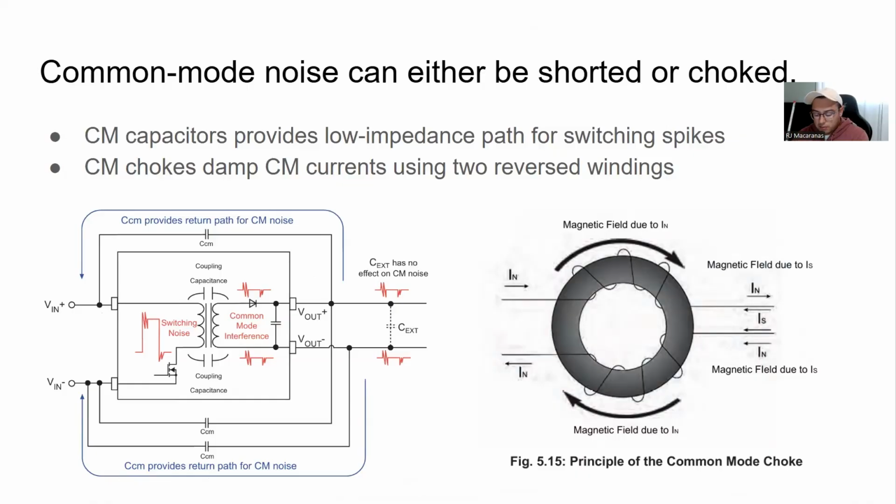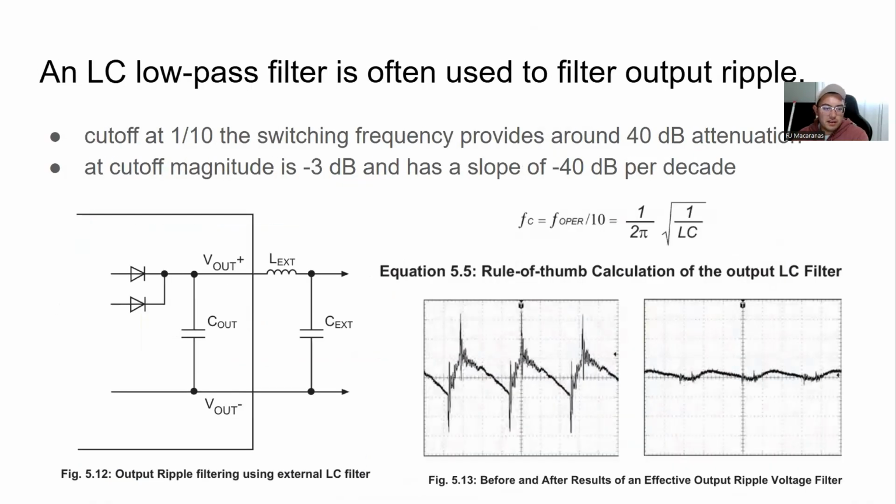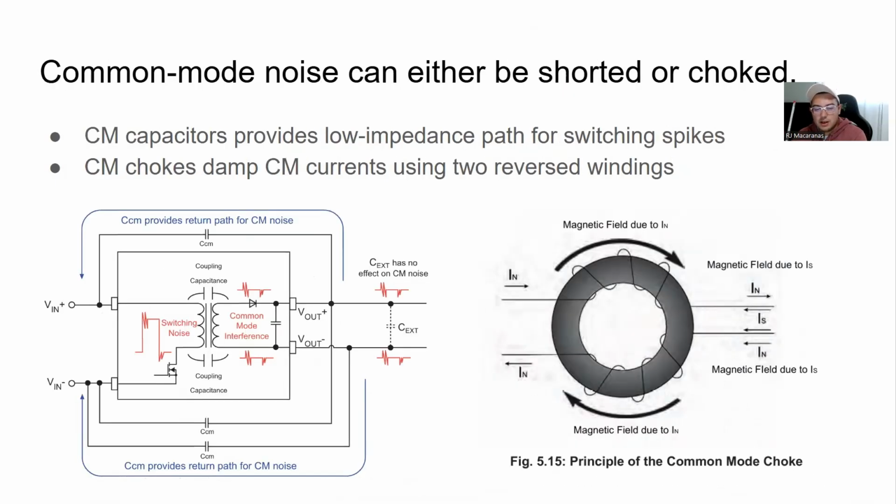And moving on to common mode noise, right? So this is an example of how we filter out differential mode noise, the ripple. There are two ways to filter out common mode noise typically: either to short them out with these common mode capacitors, or to use a common mode choke, which is this kind of inductive structure here.